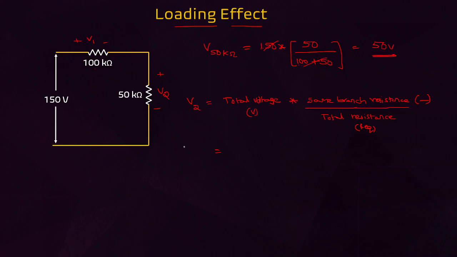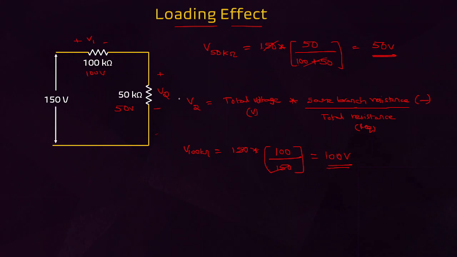And what is the voltage across 100 kilo ohm? It will be total voltage into same branch resistance divided by total resistance, right? So we will get 100 volt. So here it is 50 volt and here it is 100 volt. This is the way we got that equation.